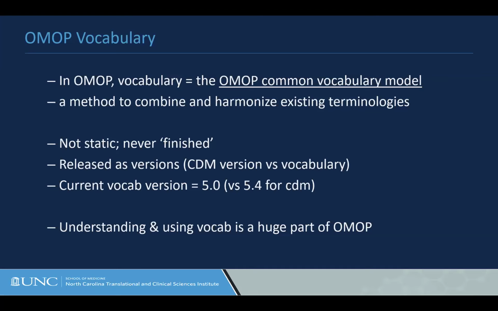Also, it is perhaps helpful to know that the release versions are not synced between the vocabulary and the common data model. So for instance, the vocabulary, I believe, is currently at 5.0 as the most recent, whereas the CDM is at 5.4. So updates and work on those can happen somewhat out of sync.